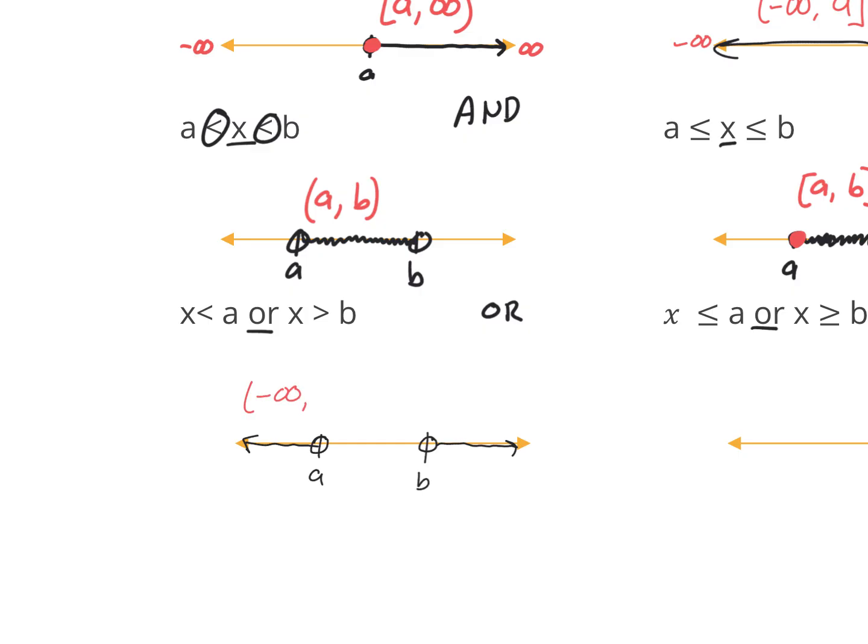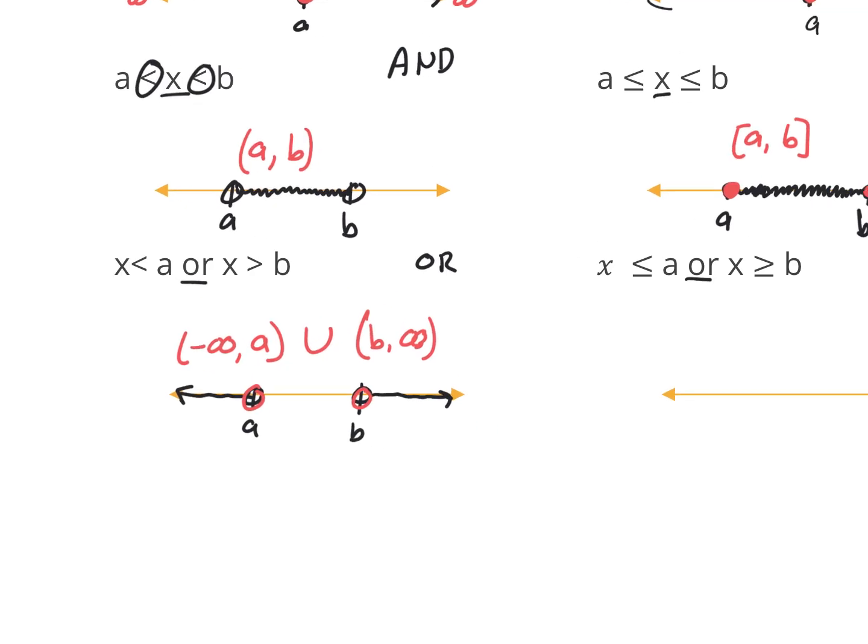Because there's an open circle, I would put a parenthesis. Our next one would be b, going up to infinity, and because we have an open circle again, I would put a parenthesis. The only difference here is that if I have 2 different intervals, I would put a U in between. That U denotes the union of 2 sets.